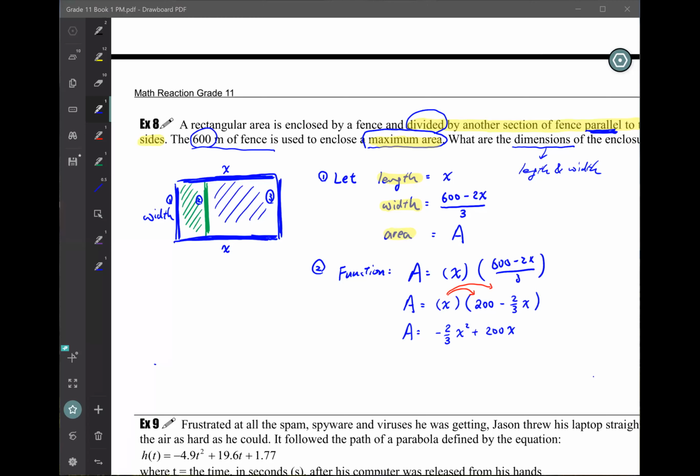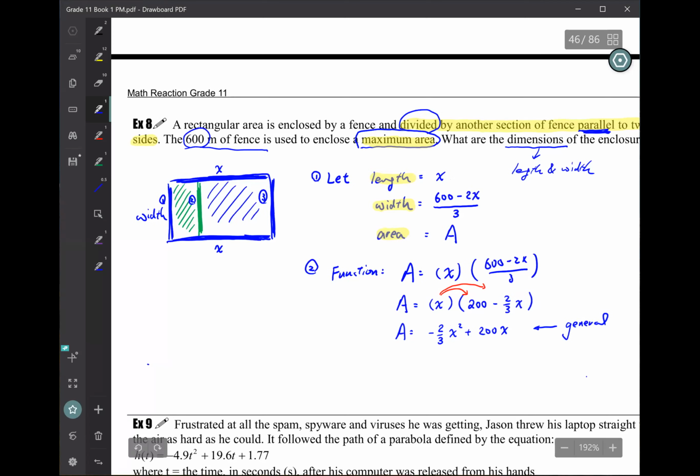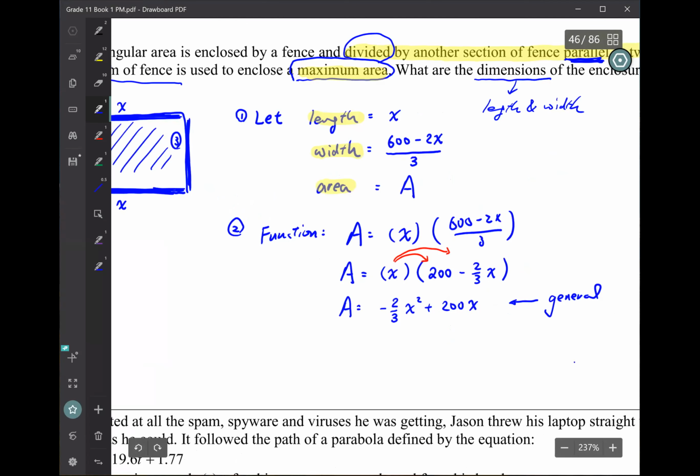Okay, so this is called the general form. Raise your hand if you get this part. Okay, any questions, Brandon, Marcus?